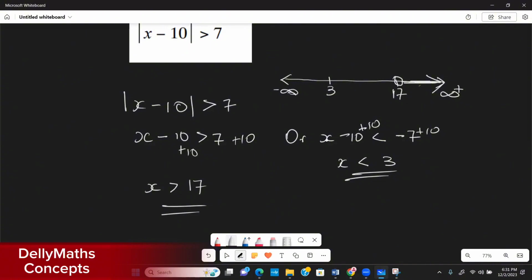And at 3, we're going to have an open circle as well. But remember, it says x is less than, so we're going to point towards -infinity, going that way. So the responses are in those regions. If we were to write it as interval notation, we would have from -infinity to 3, union, from 17 to positive infinity.